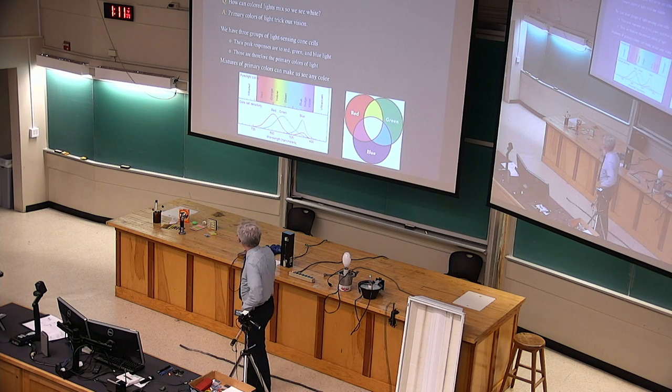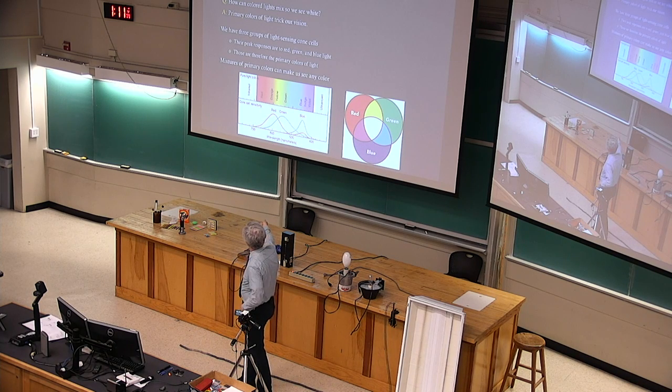So it's an approximation. But our red sensitive cone cells are most sensitive to light at 600 nanometers, which is in the red, and they go out as far as about 700.